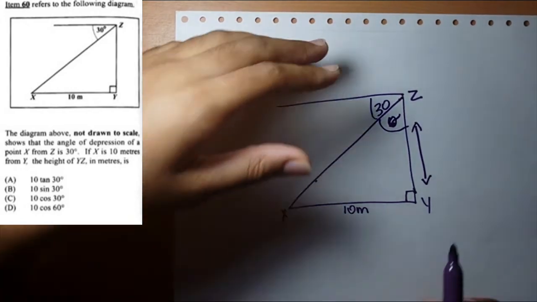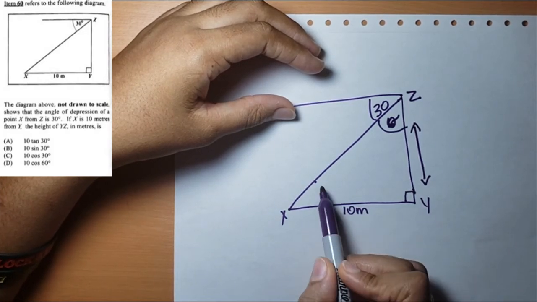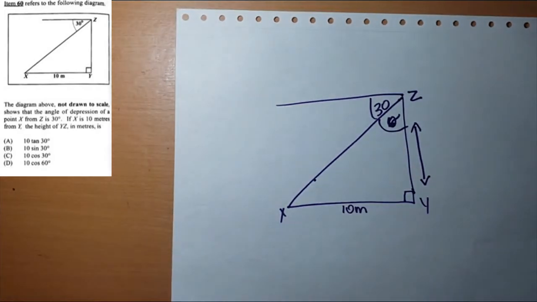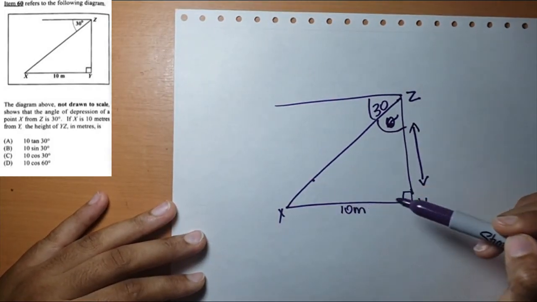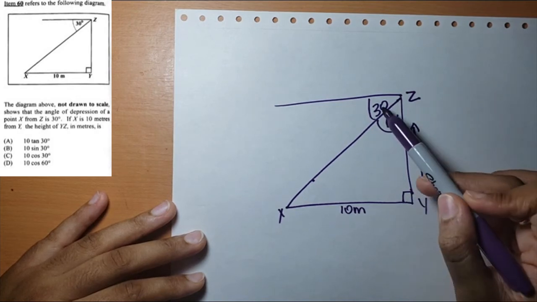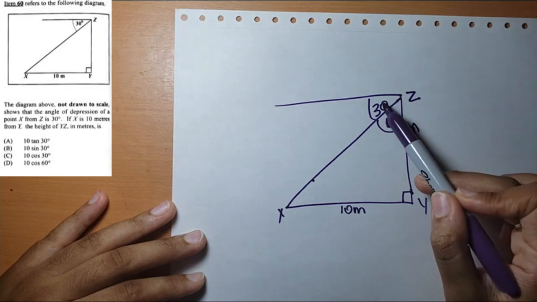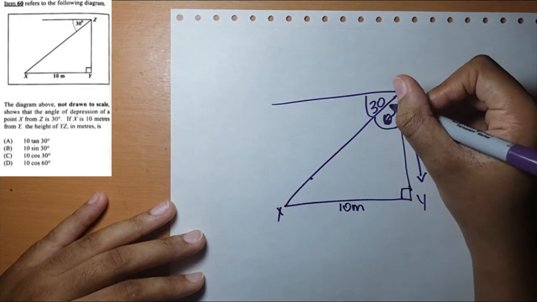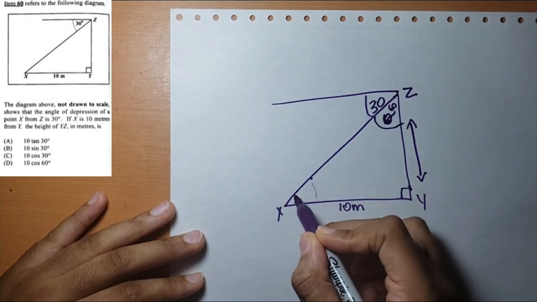Now, we also want the angle that is right here. There are 2 ways that you can find this. You can say, okay, all the angles in a triangle are supposed to add up to 180, and this is 90. Right here is 30. So since this is a right angle, then if this is 30, this must be 60. If this is 60 and this is 90, then this must be 30.